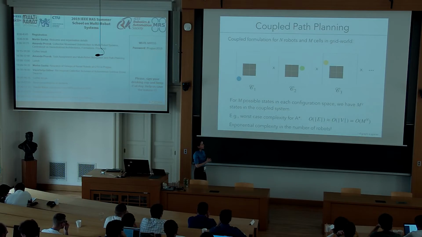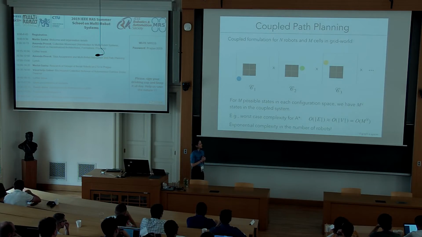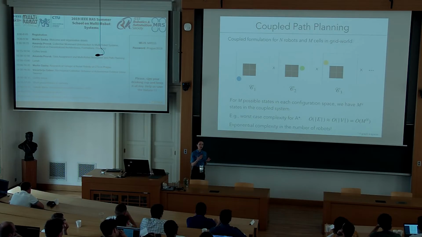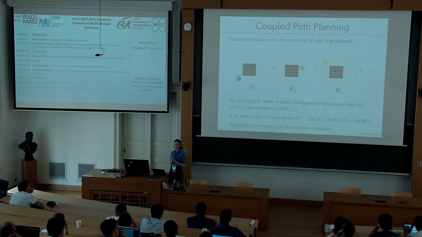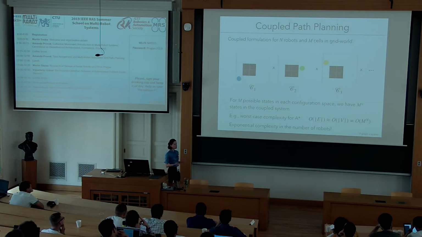And so the complexity of solving the coupled path planning problem for m states in any individual robot state space, and n robots, is in the order of m to the power of n. And so the result of this is that the complexity of solving the coupled path planning problem is exponential in the number of robots, right?